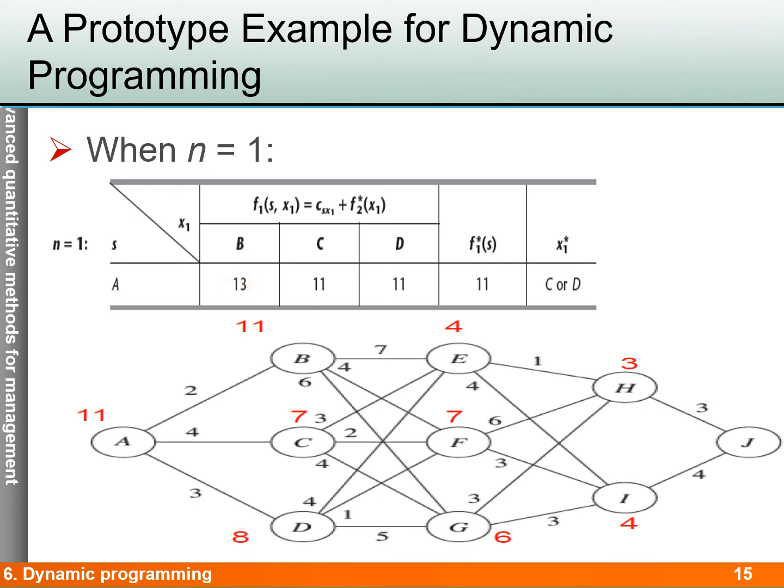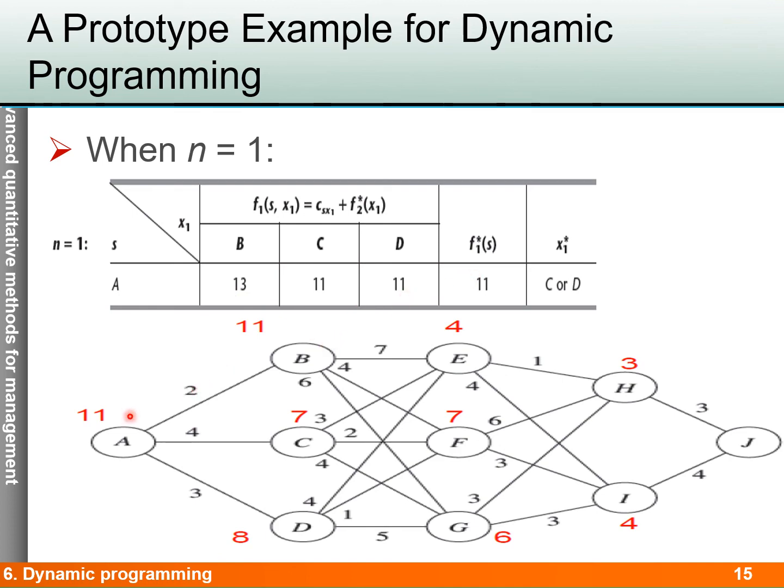That is this 13, A to B 11 plus this 2. This 11 is 7 plus 4, and this 11 is 8 plus 3. Immediate cost plus minimum future cost. The minimum between 13, 11, and 11 is 11.